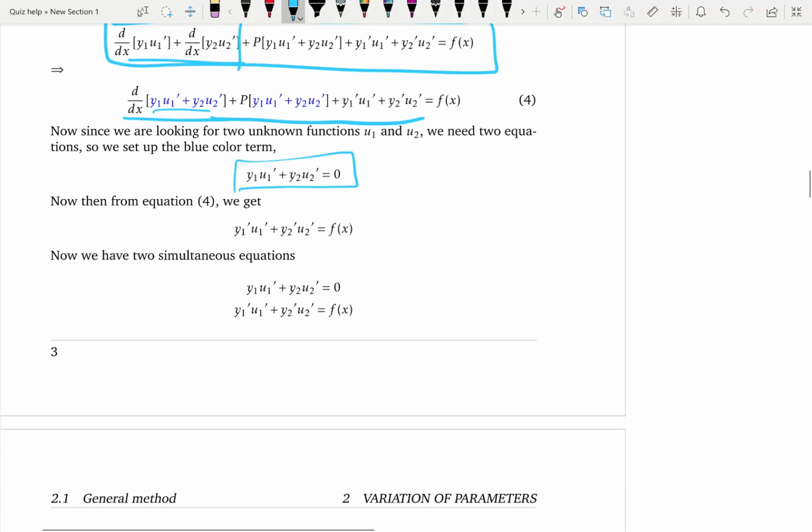Now, why do we impose the condition? The reason is we want specific u1 and u2 such that they obey this condition. Again, this condition makes our life easy, because if this is 0, these two terms are 0. Boom, those two are gone. What's left is this part here equal to f(x).